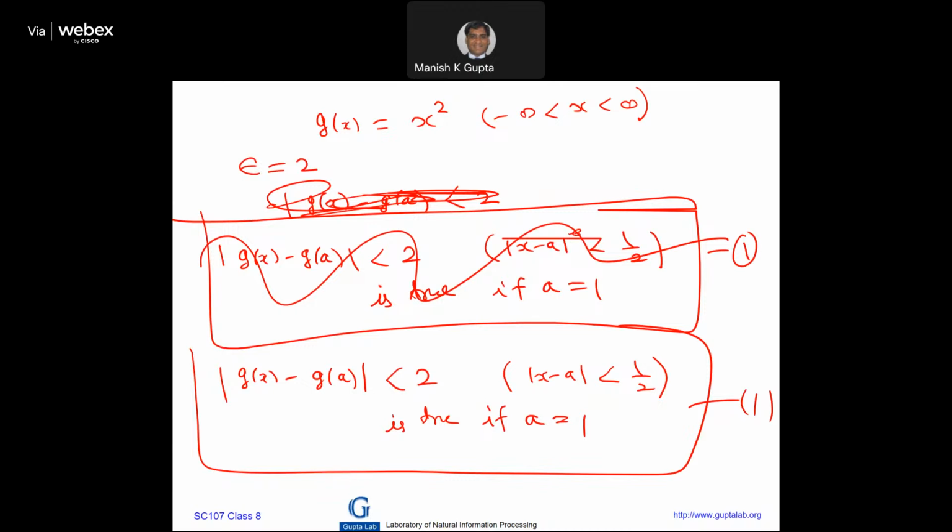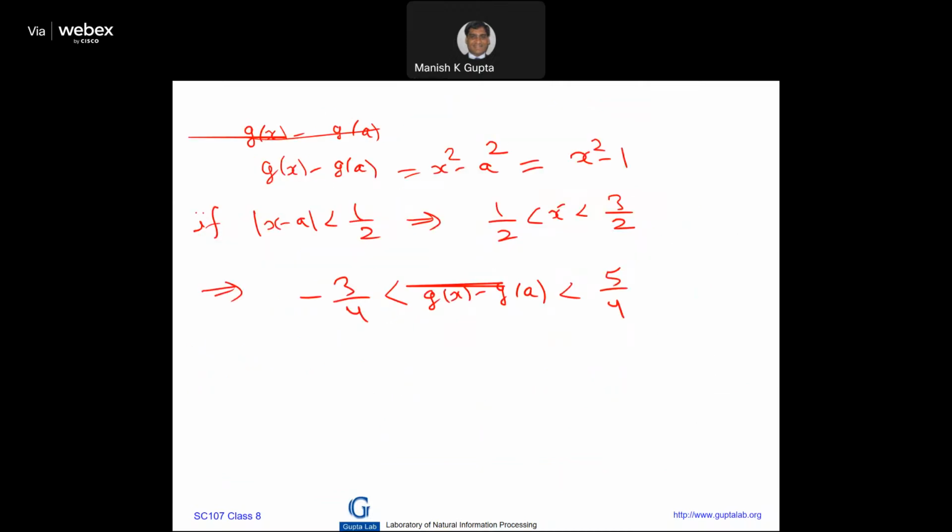Okay. Now I take a equal to 10. In this case, what will happen? g of x minus g of a is equal to x square minus 100.